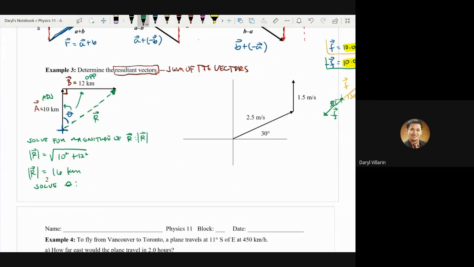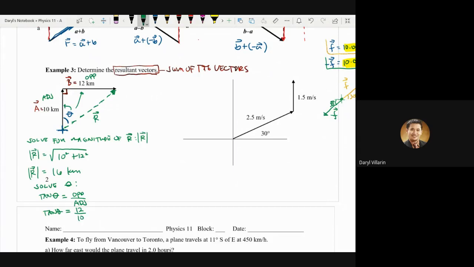So that is TOA, or the tangent function. So tangent theta is equivalent to opposite over adjacent. So tangent theta is equal to 12 over 10.